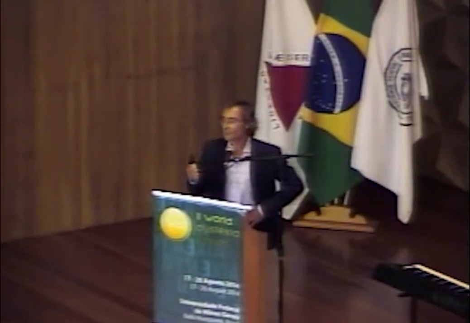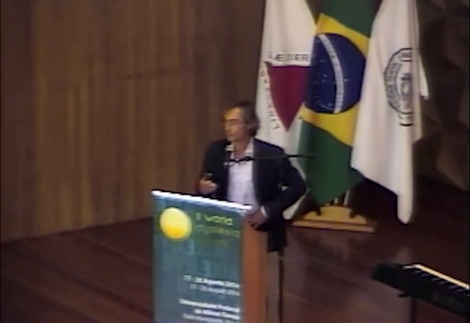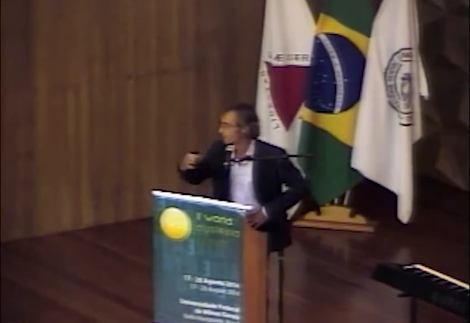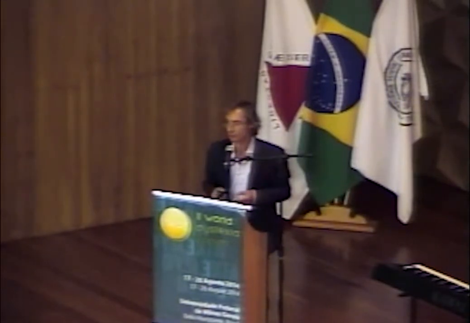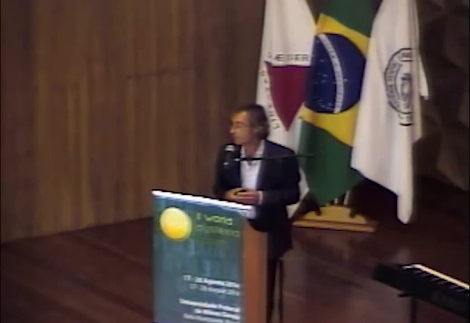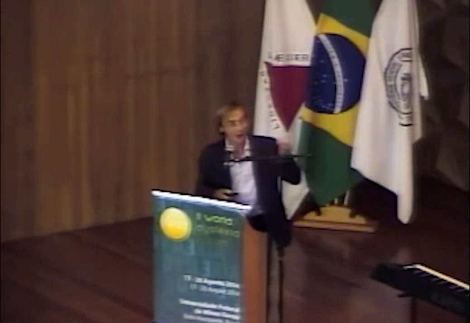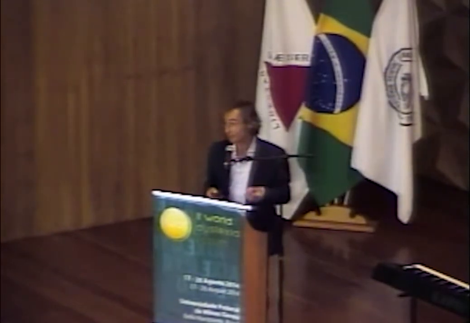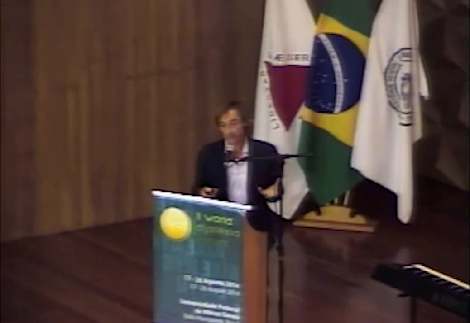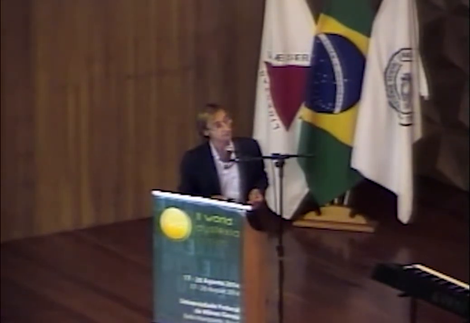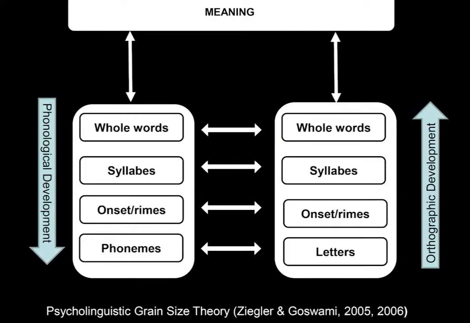If there were other means, English and German, for example, have almost identical orthography. They differ in the mapping, but the orthography is similar. If they could learn it visually, they would learn it visually. They have a good memory system, and there wouldn't be cross-language differences. But there are cross-language differences because fundamentally reading is about getting this learning loop to work, and the learning loop is about phonological decoding.